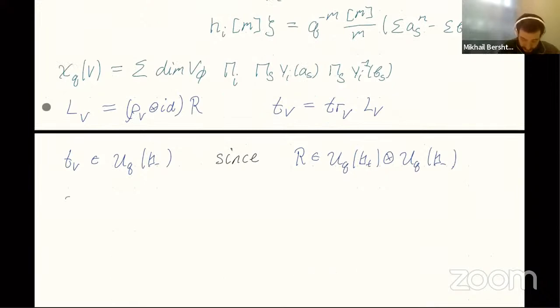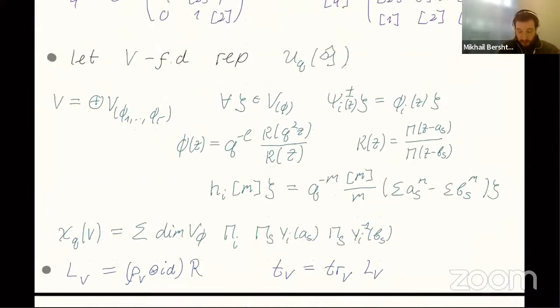And this subspace U_q of b minus has the following decomposition. I will write the decomposition not of the whole space, but of the subspace of zero weight, the weight with respect to the constant SL2.